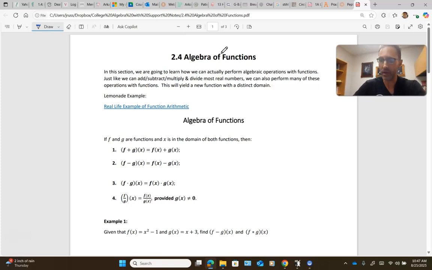That would be based on the number of cups that you sell times the price that you're charging per cup. And then once you have a cost function and a revenue function, you can subtract those two, and whatever's left is the profit. And so that would be an example in which all those functions are functions of x, or in other words, they're functions of the number of cups of lemonade that you sell.